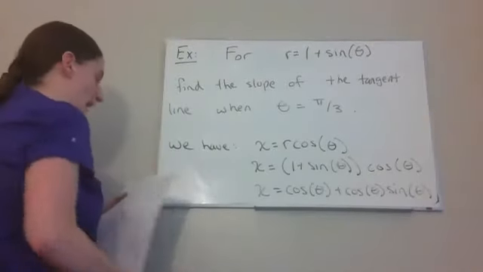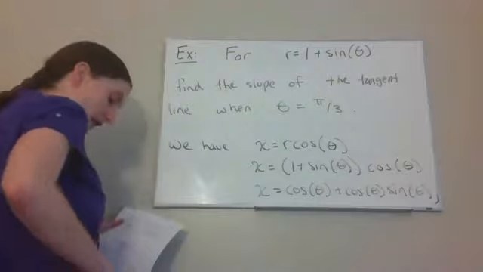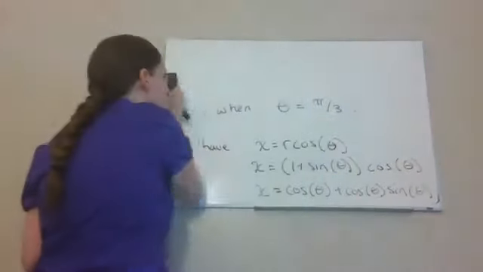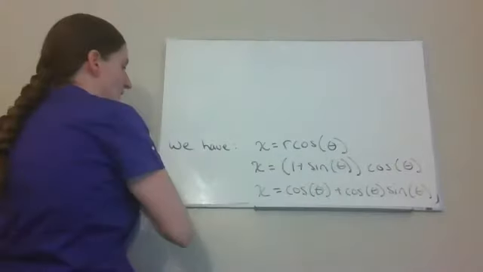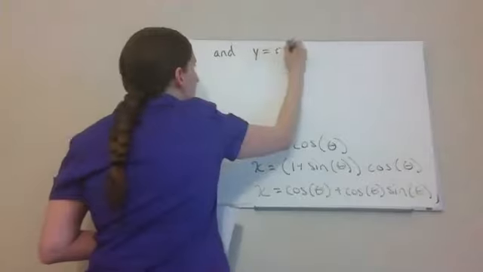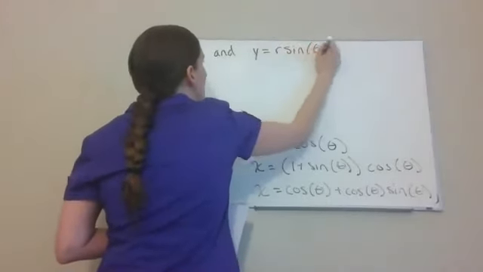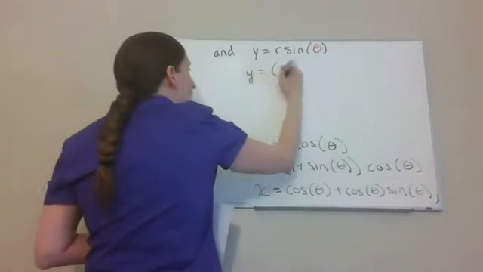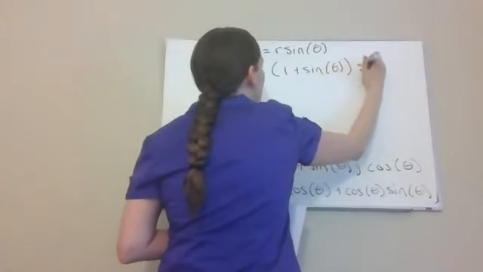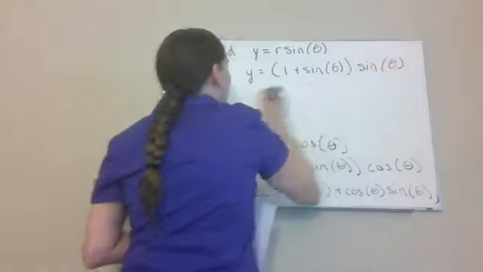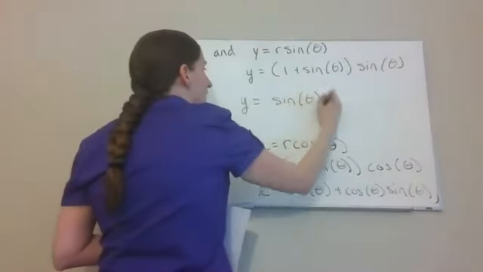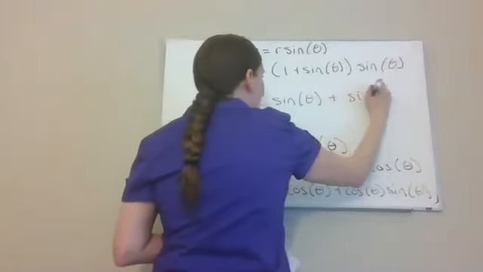And my y is equal to r sine theta. So again, my r was equal to 1 plus sine theta. So I get my y is equal to sine theta plus sine squared of theta.